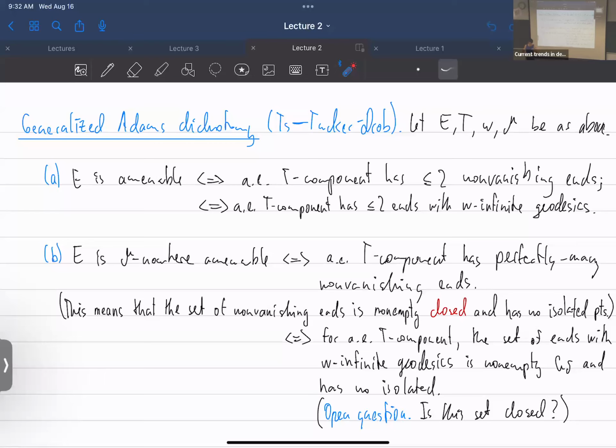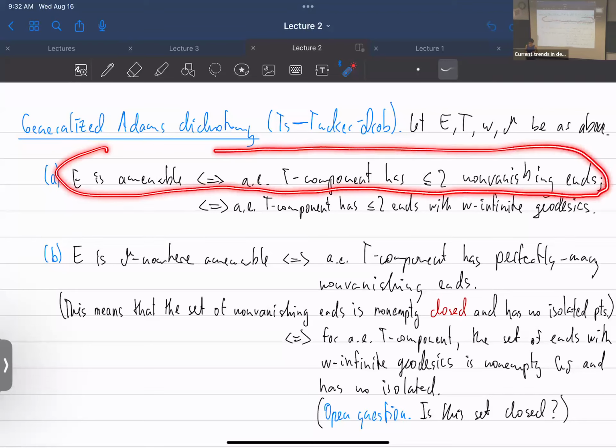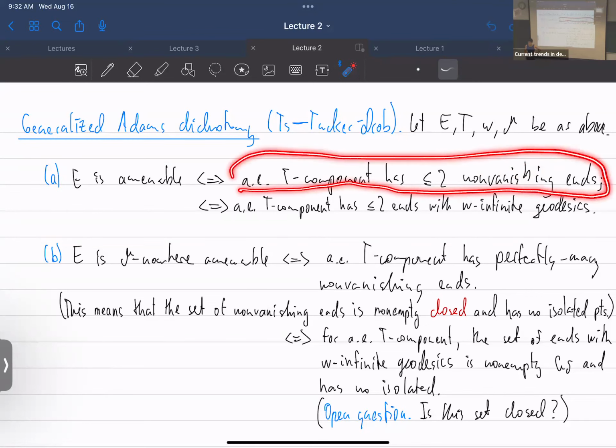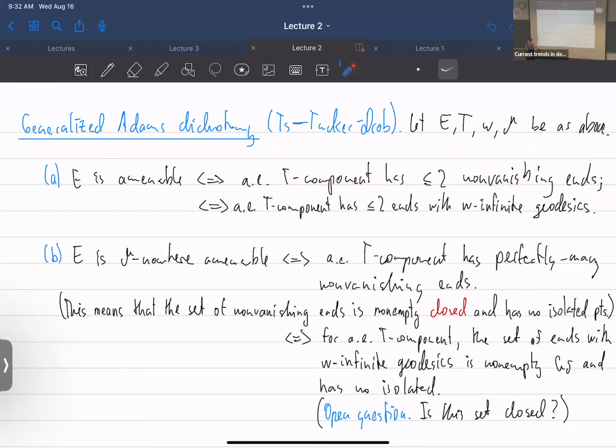Okay, so today I'm going to aim to describe the proof of this, first in the PMP case due to Adams, just only part A and only with the non-vanishing ends. So in the PMP case, it's just less than or equal to two ends, right? I will first describe the proof of that, and then I will tell you what kind of things we did to get it in the measure class preserving setting.